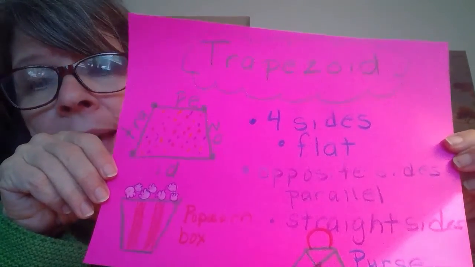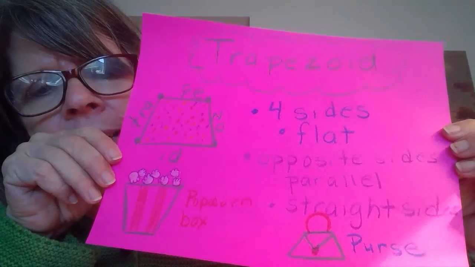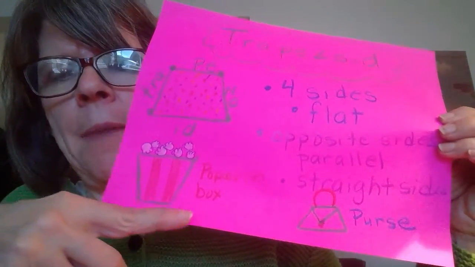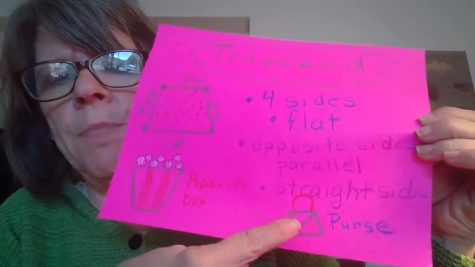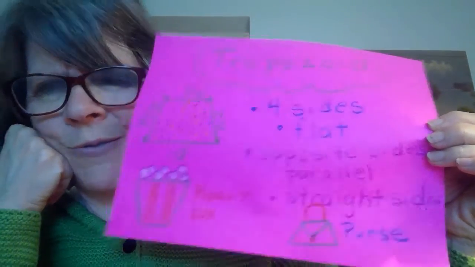Opposite sides are parallel, which means they're equal. And they're straight sides. So a trapezoid could be a popcorn box that you get at the movie theater, or your mom's purse is a trapezoid. Wow, did you know that's what they were called? That's a cool word, trapezoid.